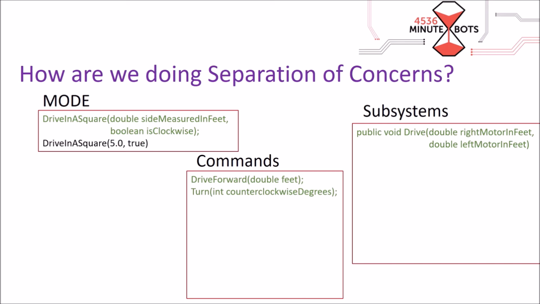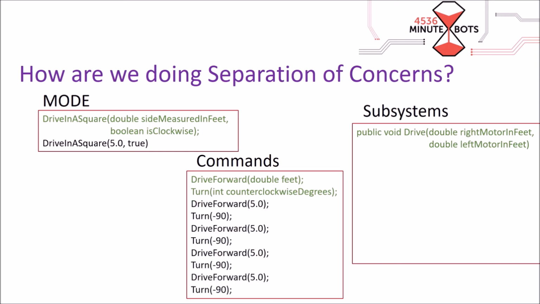So drive in a square, we're going to set it to 5.0, so it's going to go forward 5 feet, and it's true, which means that it's going to be moving in a clockwise direction. That means the commands we're going to need are drive forward 5, turn negative 90, drive forward 5, turn negative 90, drive forward 5. You get the idea, 4 times in a row. Now the command itself is then going to go to the bare metal and tell it what to do.